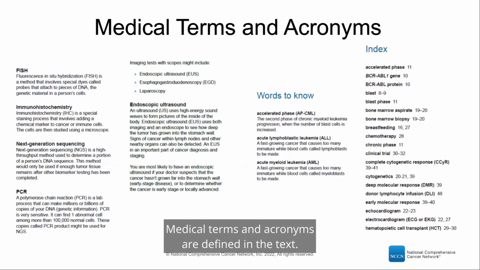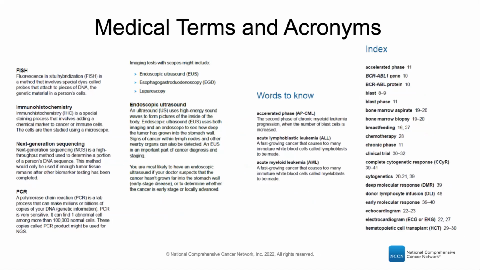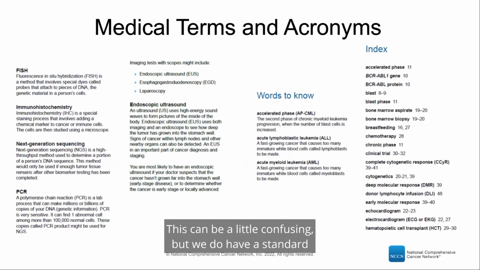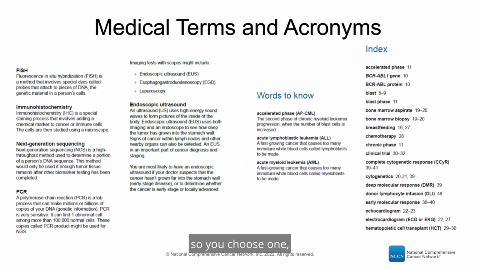Medical terms and acronyms are defined in the text. The medical term is followed by the acronym in the text. So the word or the acronym, not both, is used in the headings. This can be a little confusing, but we do have a standard. You choose one, and it really depends.